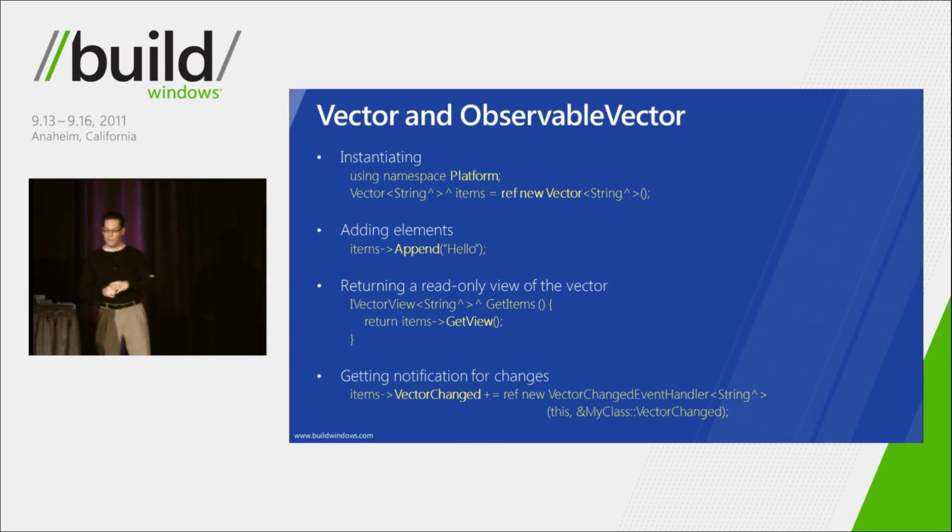So for example, from the platform namespace, you might have a capital V Vector of String hats, which is perfectly safe to use on an ABI boundary. Other languages know exactly what that is and how to consume them. And you say ref new big V Vector, and then you can go and append to it, and that's just spelled with a capital A.